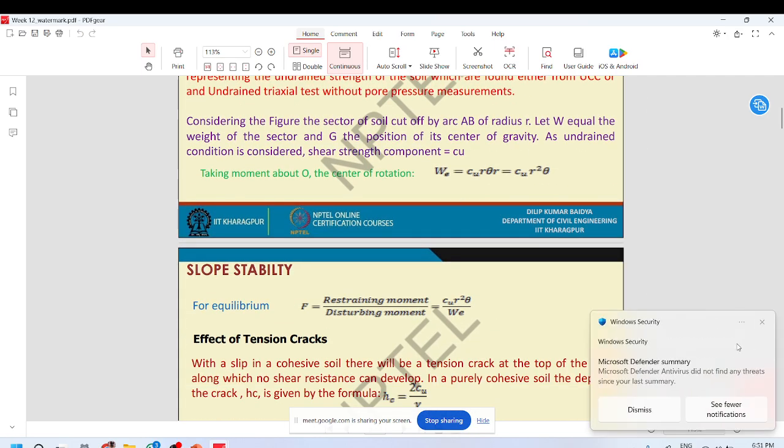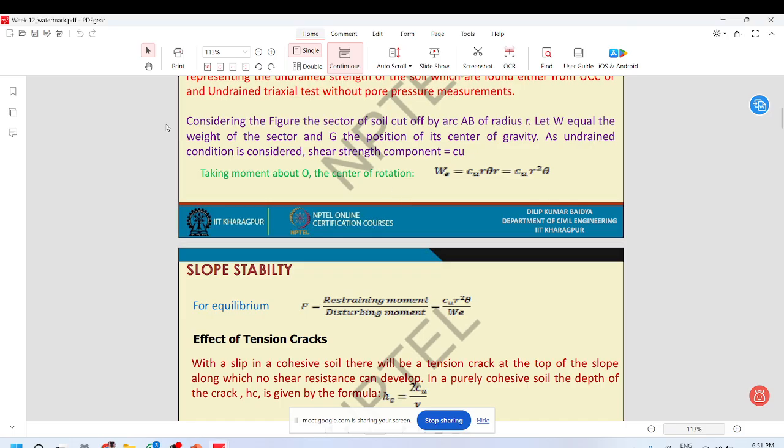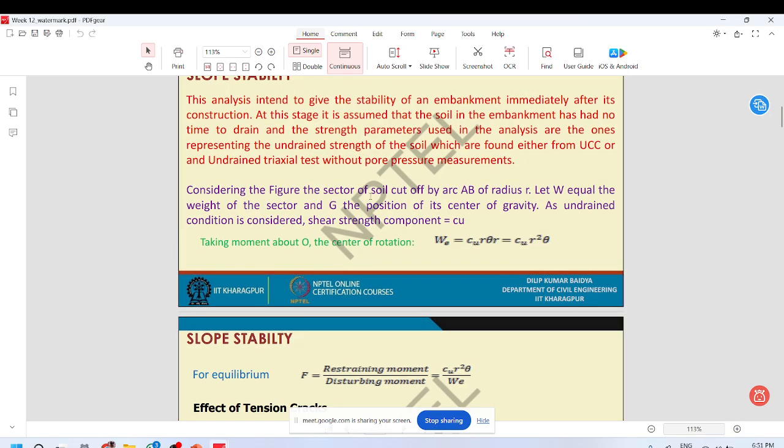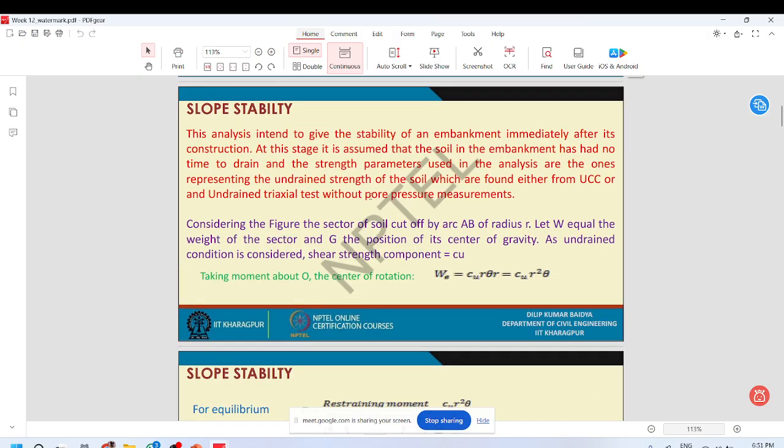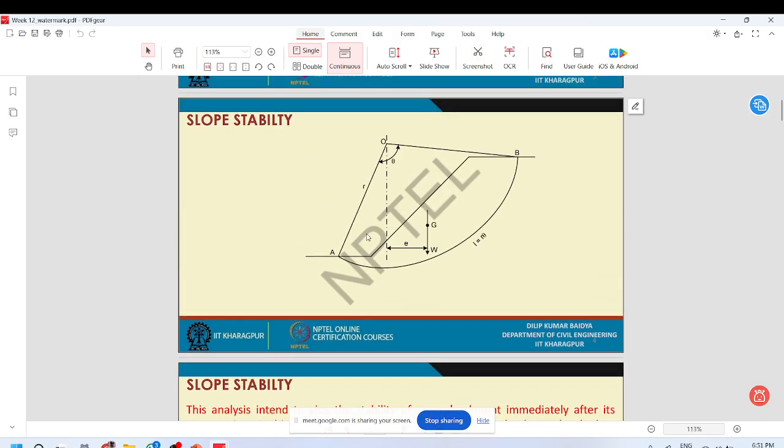This is the total stress theory that I was mentioning, in which you take the whole of the wedge. The length of an arc is r times theta, so the length of this failure plane is r theta.